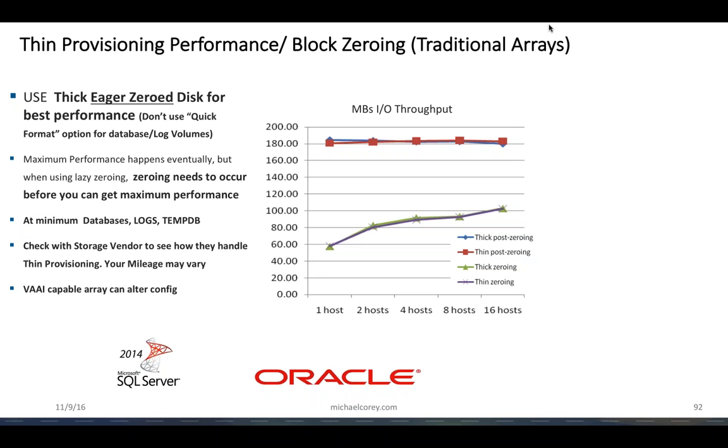There are situations where you can get away with thin provisioning, and we're going to talk about those. But as a rule of thumb, I'm not a proponent of it. And it's one of the reasons I want you to read the storage vendor documentation, because sometimes hidden in there are things that you need to understand about how the I/O is working.